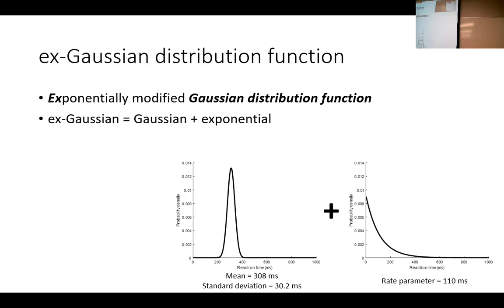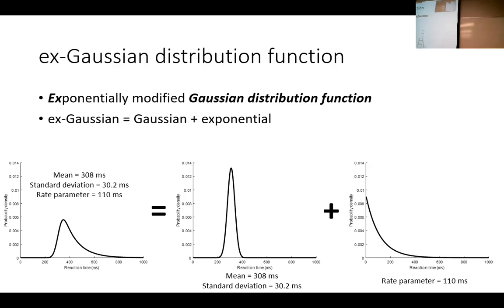We literally add these together and we get an ex-Gaussian distribution function. We describe this with the mean and the standard deviation of the Gaussian distribution and the rate parameter of the exponential function.